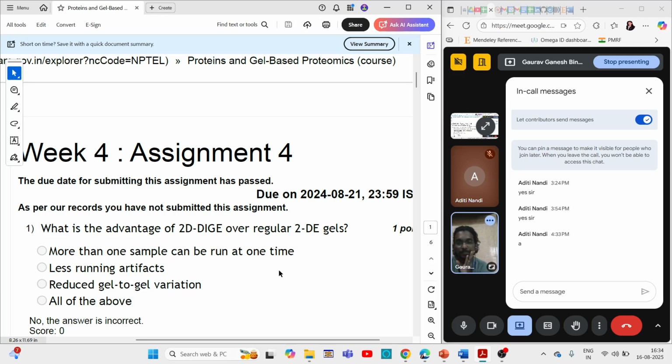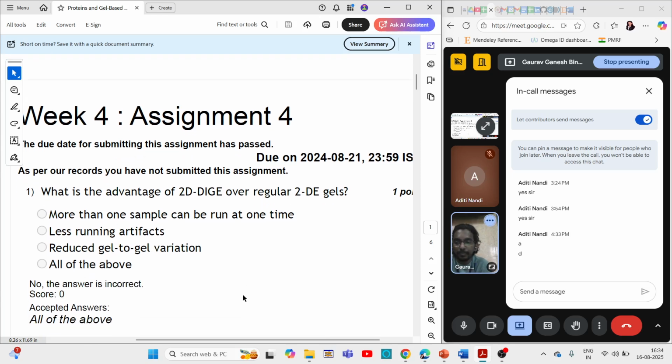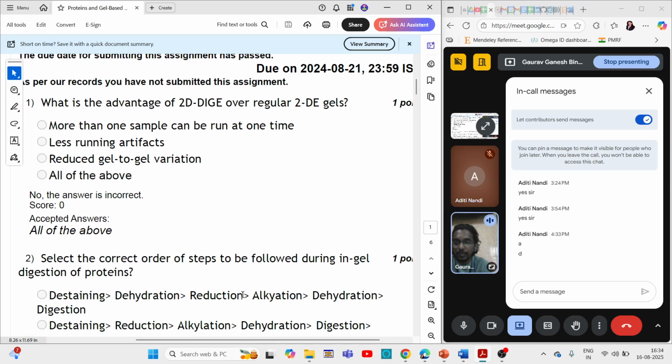We did talk about it, right? It has reduced gel to gel variations. It has less running artifacts, so reduced gel to gel variation is similar to less running artifacts, right? So the answer is all of the above.